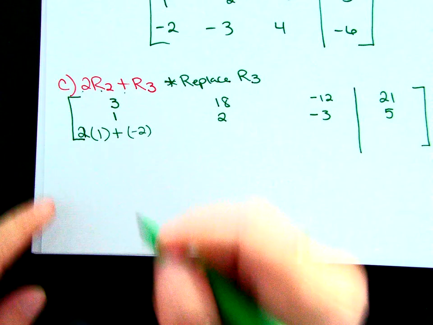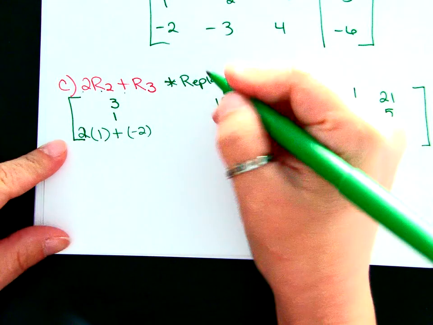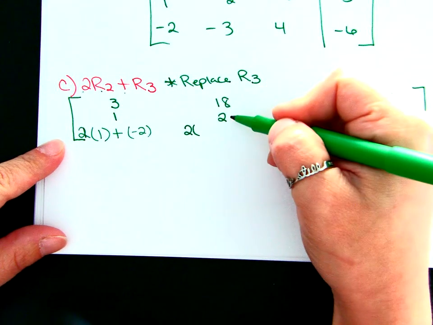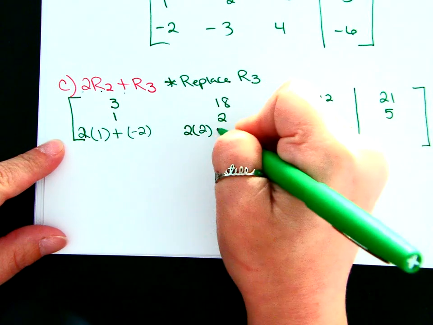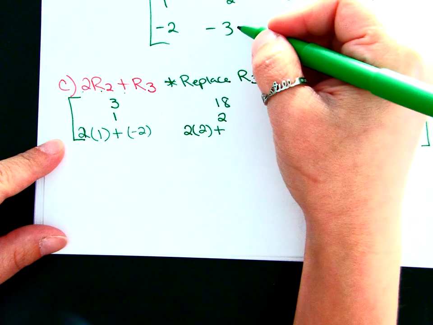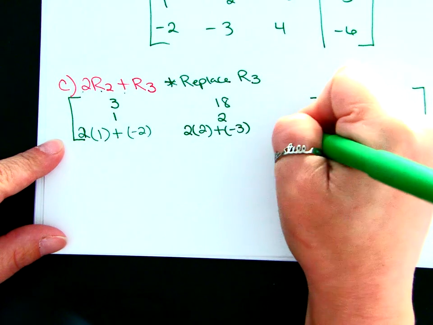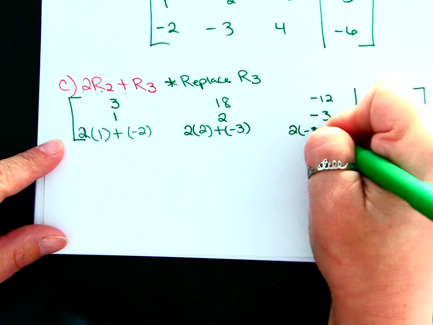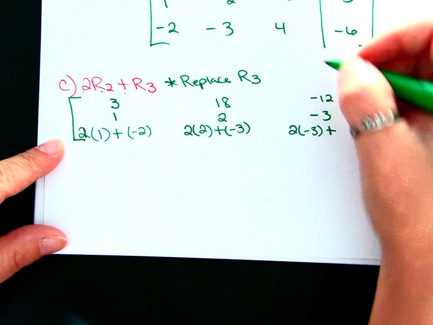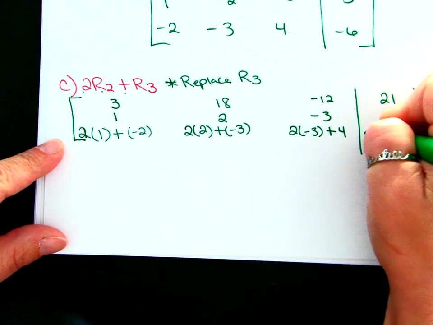I do that for every spot in row 3. So I'm taking 2 times row 2, which will be 2. I'm adding to that what's in the corresponding spot in row 3, which is negative 3. 2 times row 2 plus the corresponding spot in row 3.